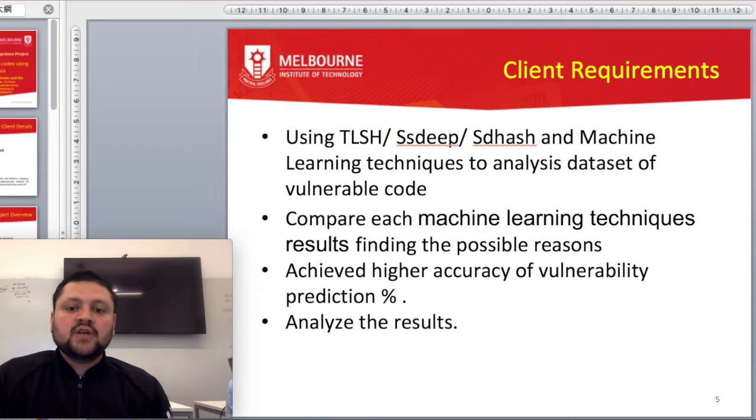Then we achieve a higher accuracy of vulnerability prediction based on the results we obtained from the different techniques, and we analyze the results to find out which technique provides the most accurate result.